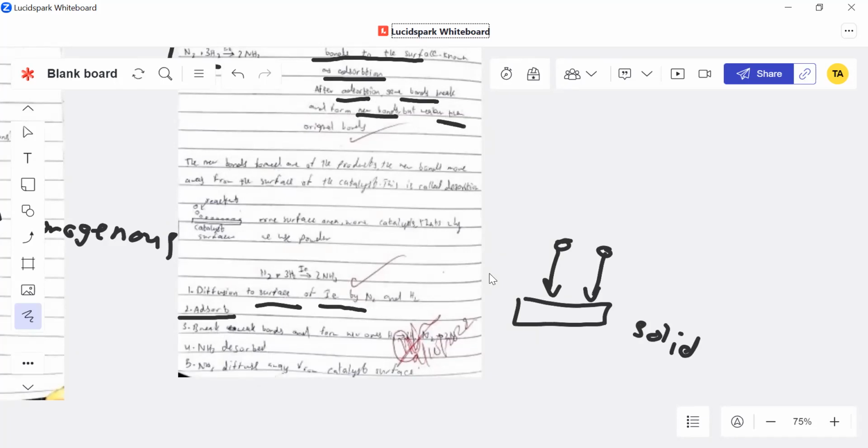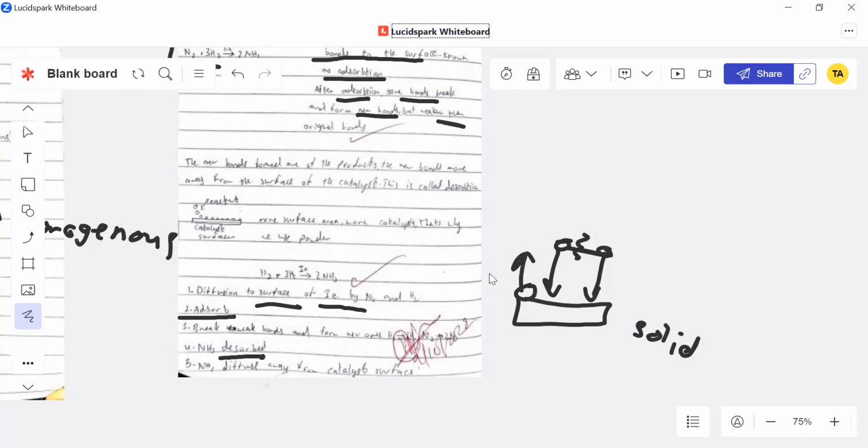And the next step after forming these new bonds is called desorption. Desorption is when the gas molecules form new bonds and they simply break off.